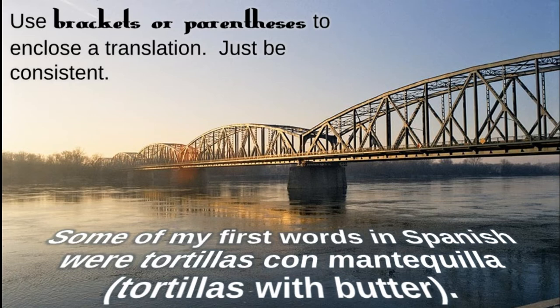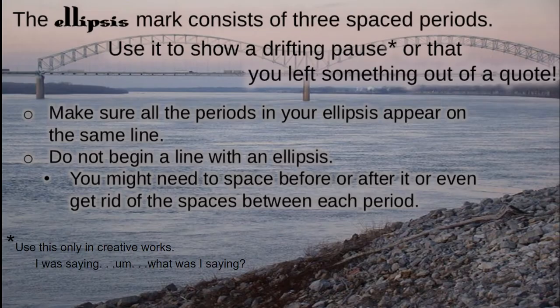But here's an example. Some of my first words in Spanish were tortillas con mantequilla, tortillas with butter. Now I'm hungry. We put that tortillas with butter in parentheses. So either way is acceptable. If you are enclosing translations and you want to use brackets or parentheses in a paper, whatever you do, if you're doing it more than once, use the same ones all the time. Don't go back and forth.